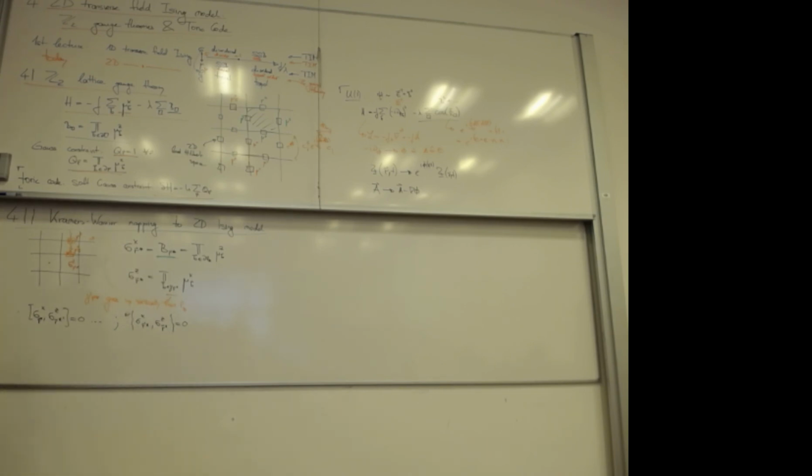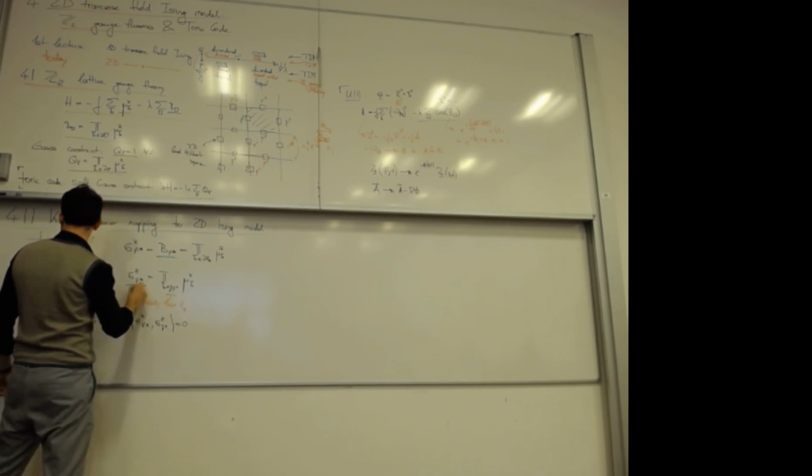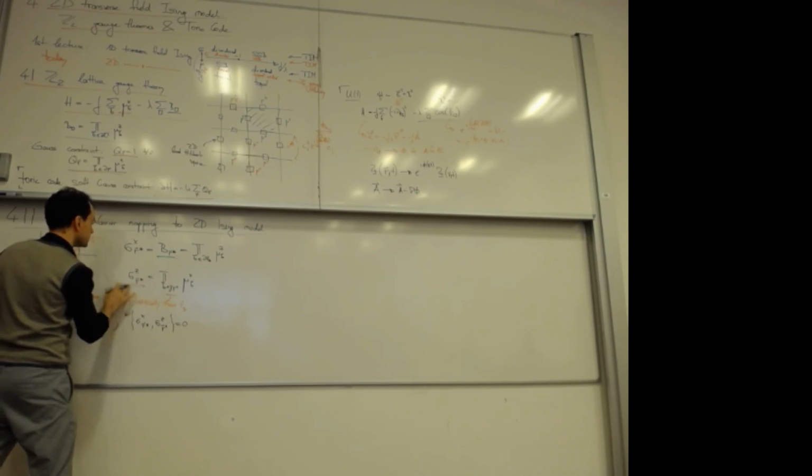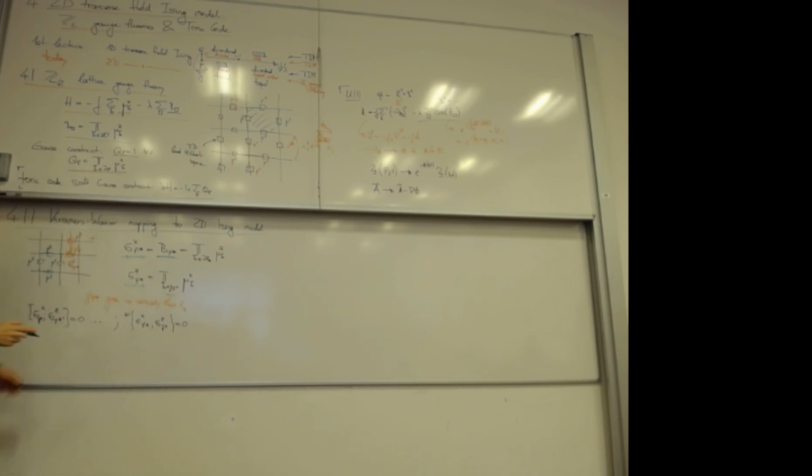Maybe I draw again, just for reference, the plaquette operator. The plaquette operator was mu z, mu z, mu z, mu z. Right? This is the same as the sigma x on this plaquette.